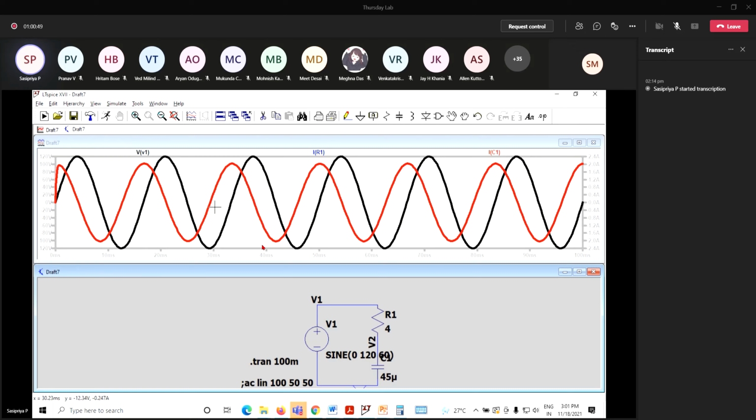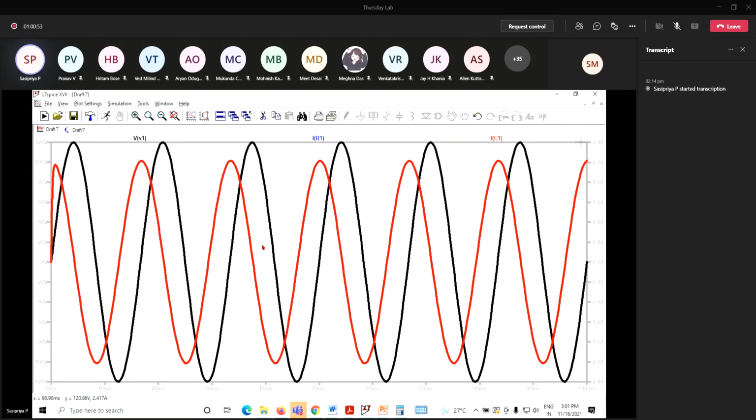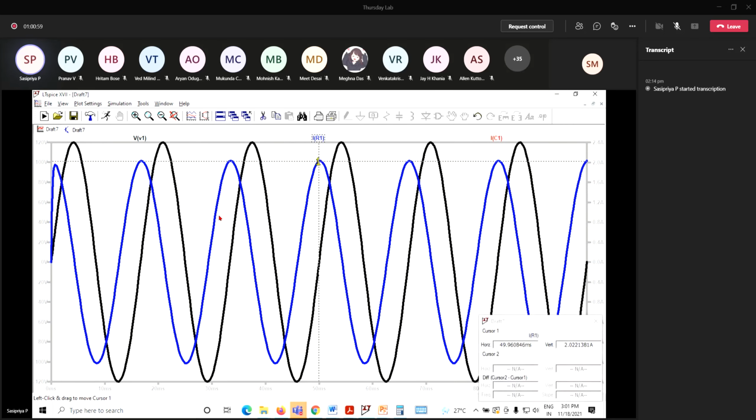Okay. So how do I measure the phase difference? As usual, I choose two cursors.